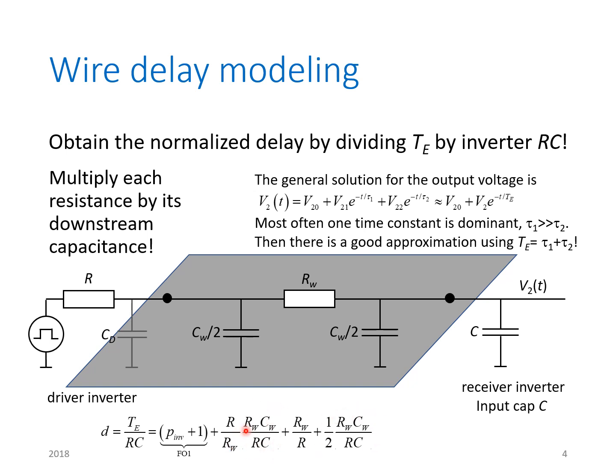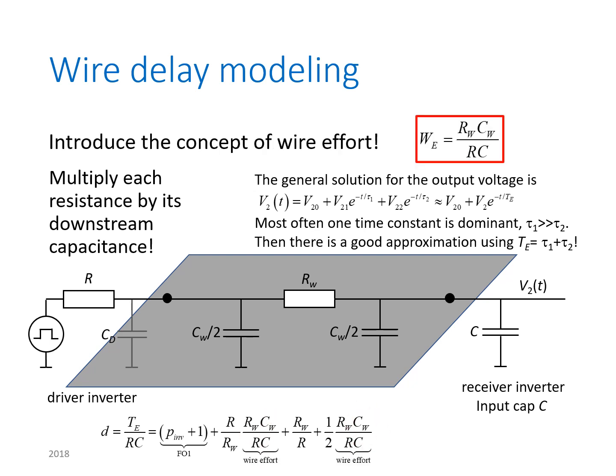We see that the relationship, the ratio between the RC product of the wire and the inverter, appears both here and there. So I found it convenient to introduce the concept of wire effort, the same way as we previously had logical effort as the ratio between two RC products.